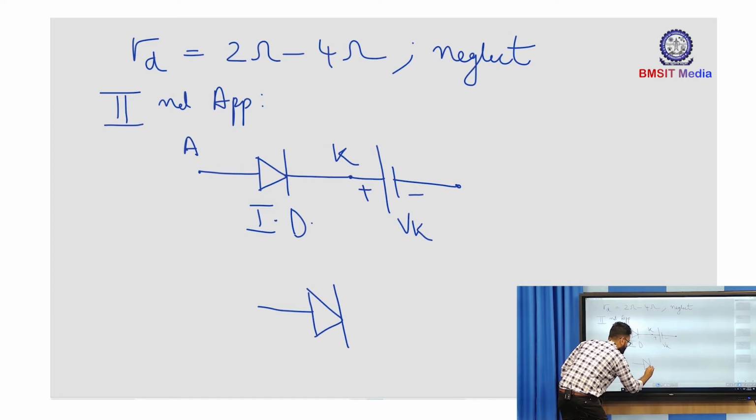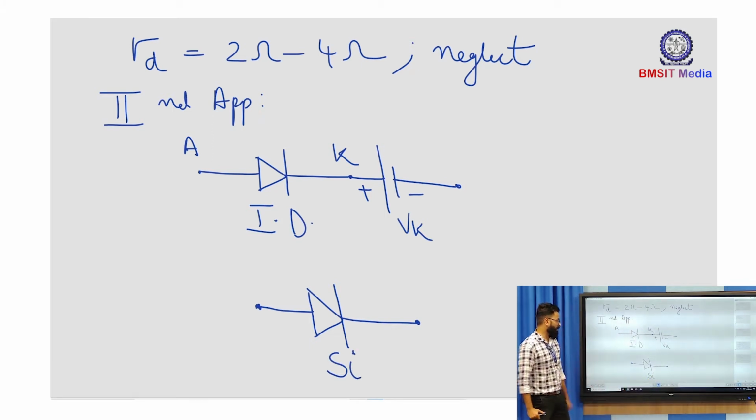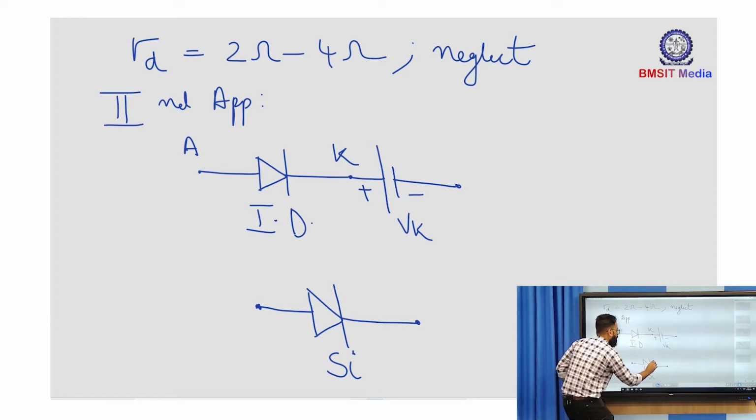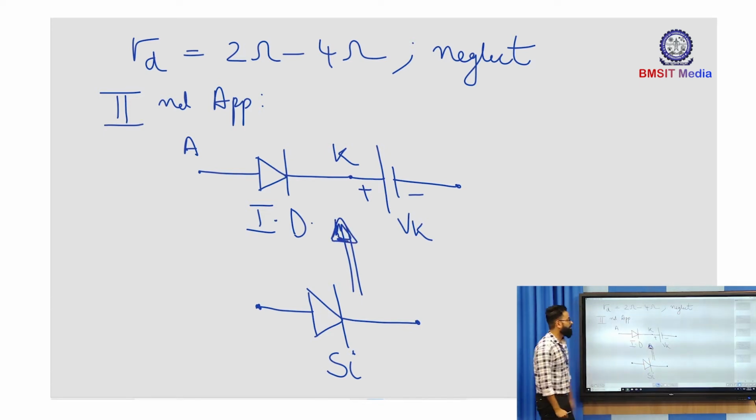Okay. So whenever you encounter a practical diode of this kind. So this is your practical diode, which is made up of silicon. So what you can do is you can replace this practical diode with the second approximation circuit.